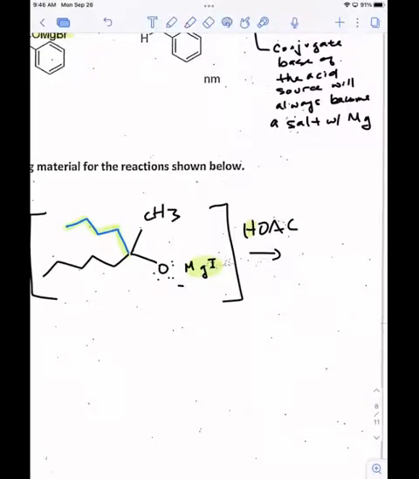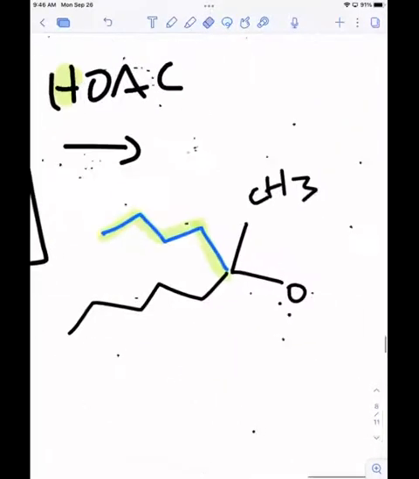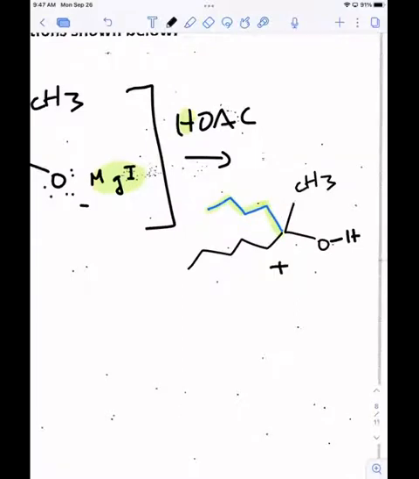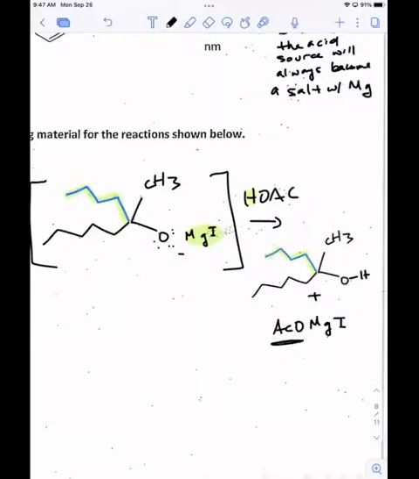So I'm going to steal this because we're almost out of time. So this is going to be here. And then the salt that's left over is going to be acetate anion, and then the magnesium iodide.